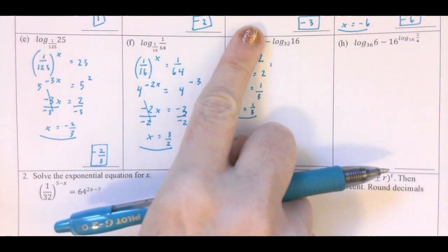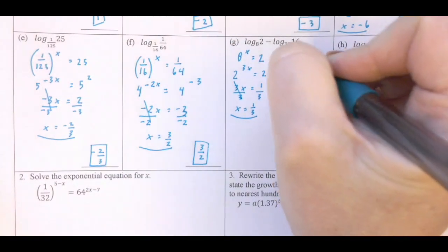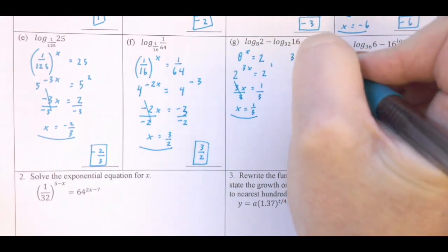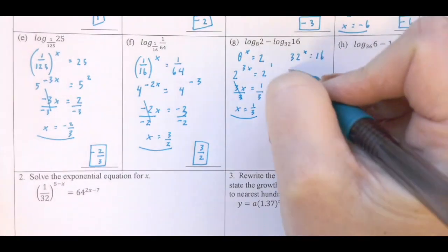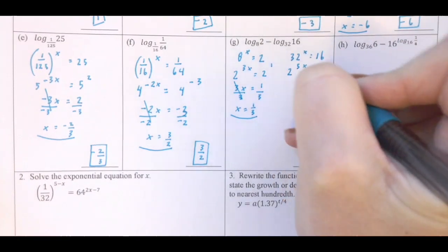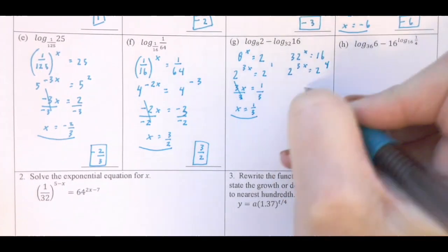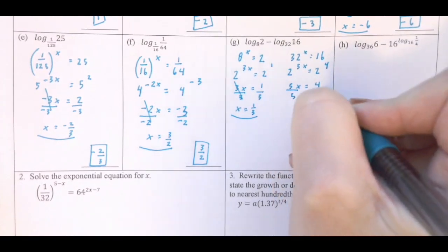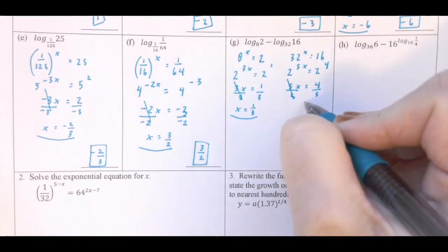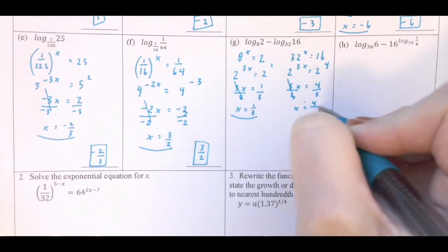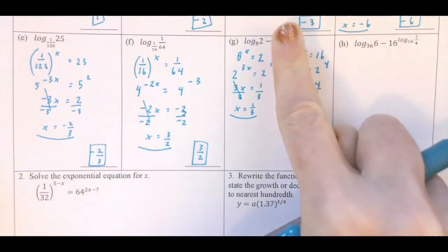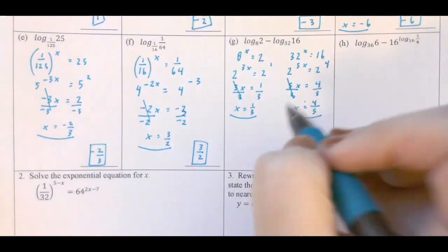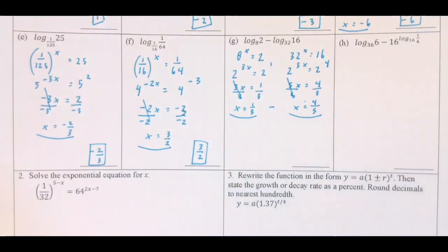Okay, so here this simplifies to be just 1/3. Now over here, 32 to what power gets me 16. Okay, make them powers of 2. 2 to the 5x equals 2 to the 4th. So 5x equals 4. And this would clean up to be 4/5. Okay, so I've simplified each separate piece, but now I need to subtract, and I need a common denominator to do that.